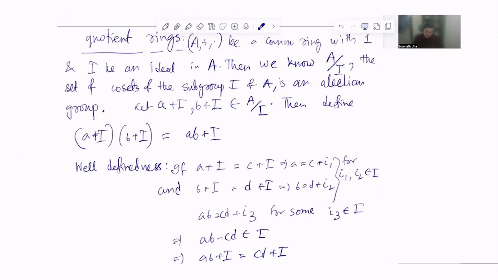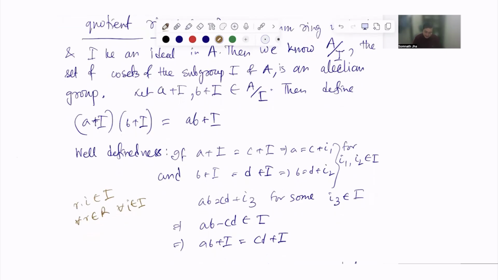So what happens to ab? If a is c + i1 and b is d + i2, then ab is cd + i1i2 + c·i2 + d·i1. But anything which has an i will be inside I, because recall the definition we have, that r times i belongs to I for all r in R and all i in I. So ab will be equal to cd plus something, and all of those elements will be in I. So I can write ab = cd + i3.